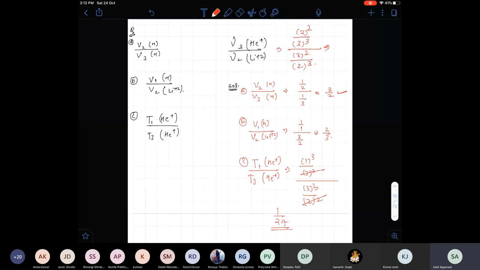Z square by n cube. So the answer is 32 by 243.